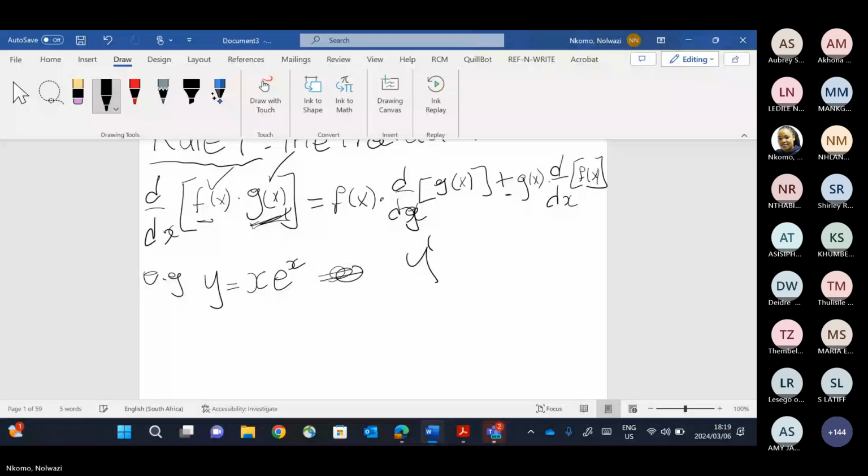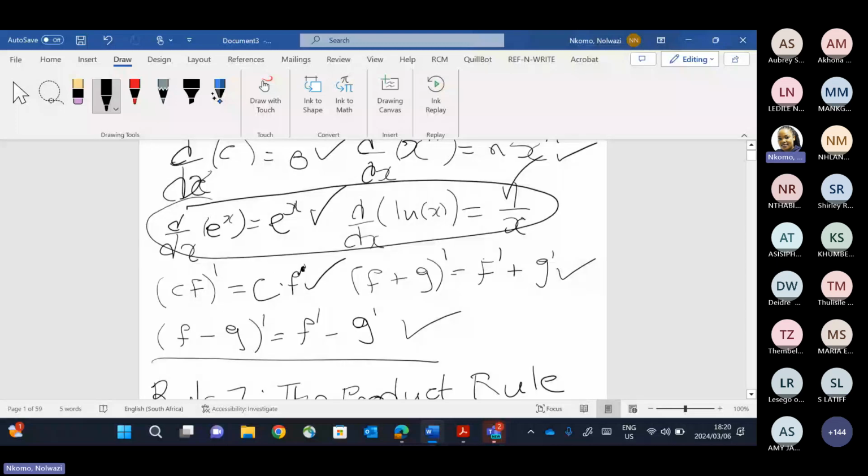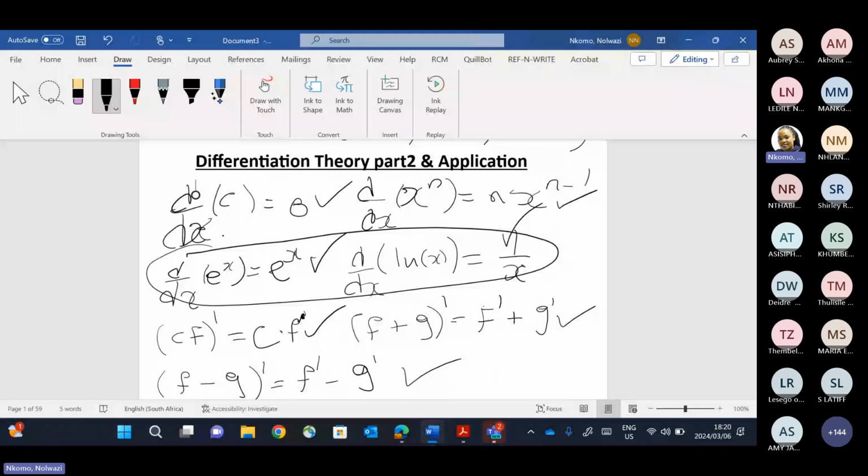Rule 1 is just the derivative of a constant, so that one is out. Rule 2 is the derivative of one function, x to the power n, a power function. That one is out because we have a function times a function. E to the power x is out because we have x times e to the power x, not just e to the power x.